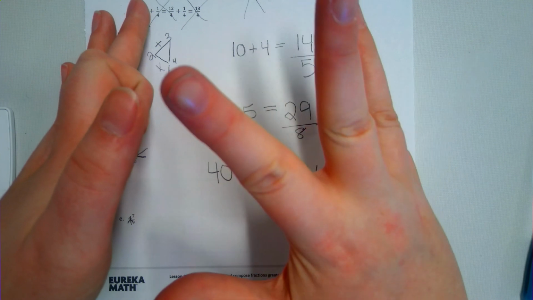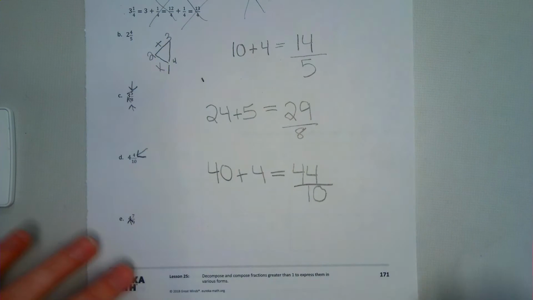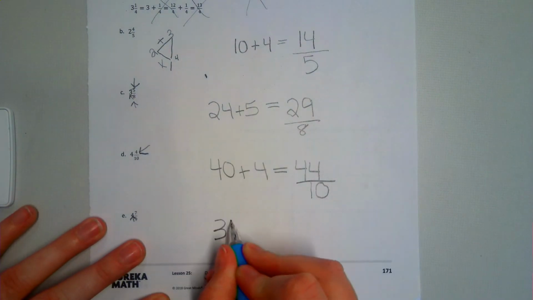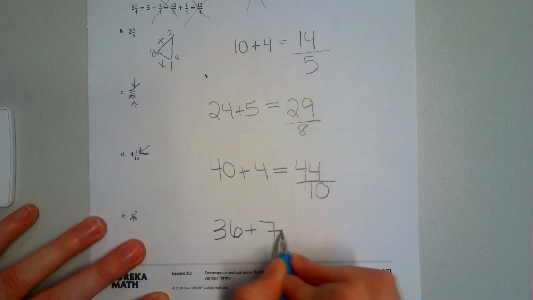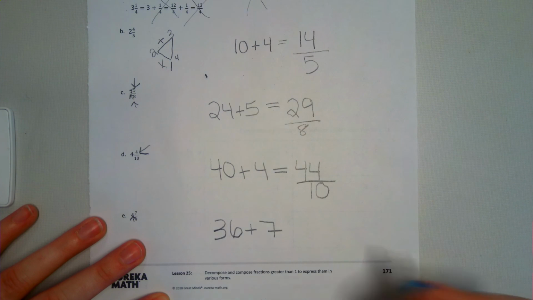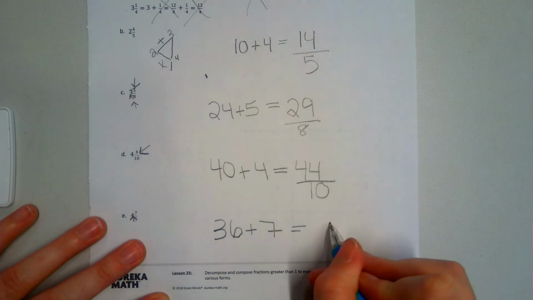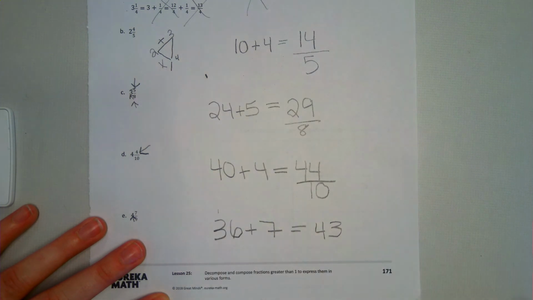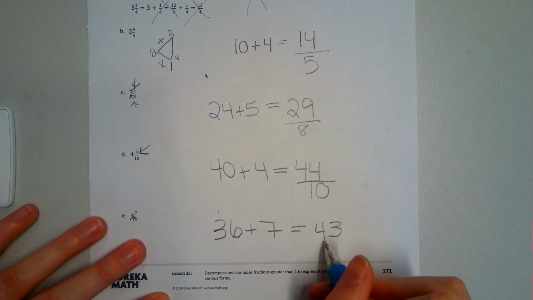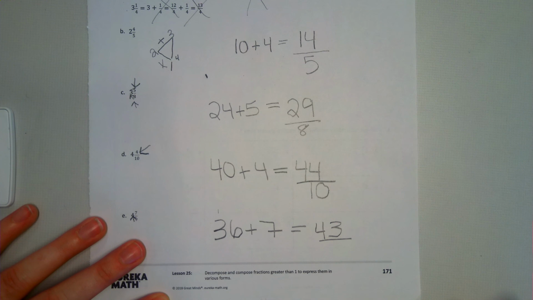So I get 36 plus 7 equals, what's 36 plus 7? 7 plus 6 is 13. Carry my 1. 43 over my denominator, which is right here, 9.